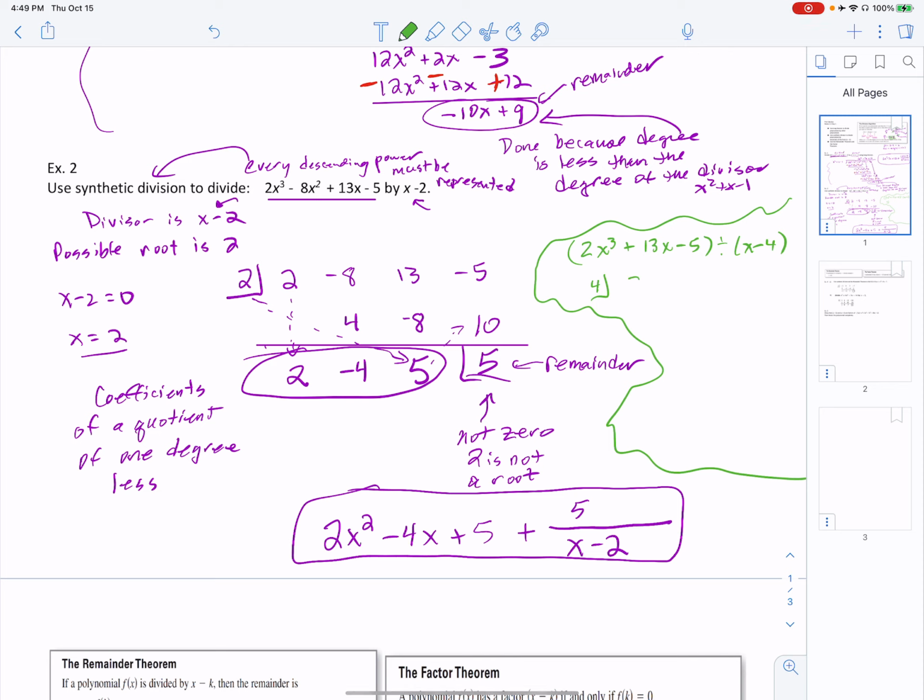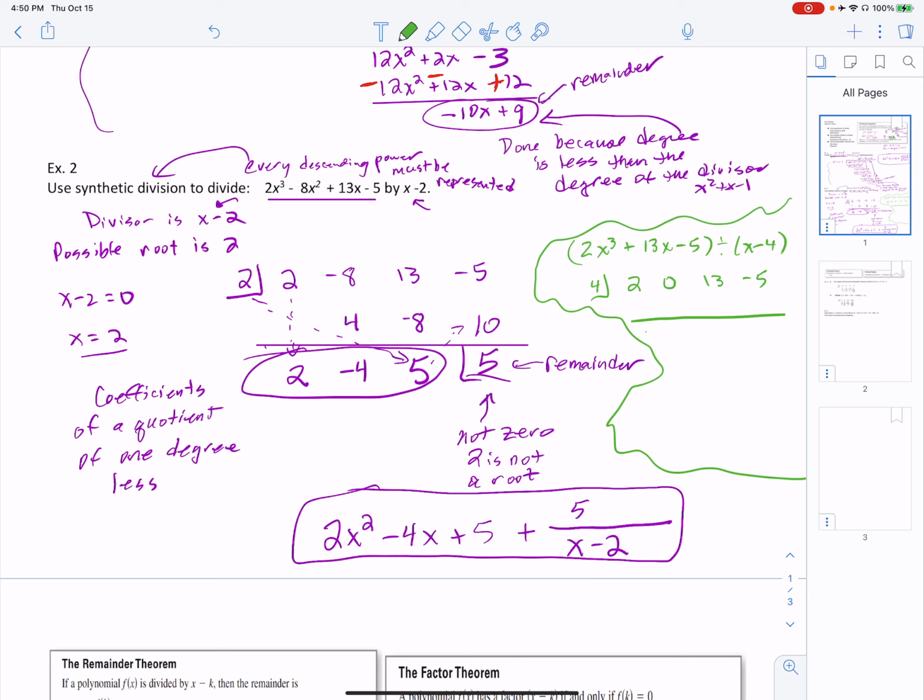The x cubed coefficient is 2, but we have no x squared coefficient, so we need to put a 0 placekeeper. If you don't, your synthetic division will not work. It'll all be wrong. Then we have x, and then we have our constant. If it's cubed, you're going to have 4 of them: to the third, to the second, to the first, and to the 0th.